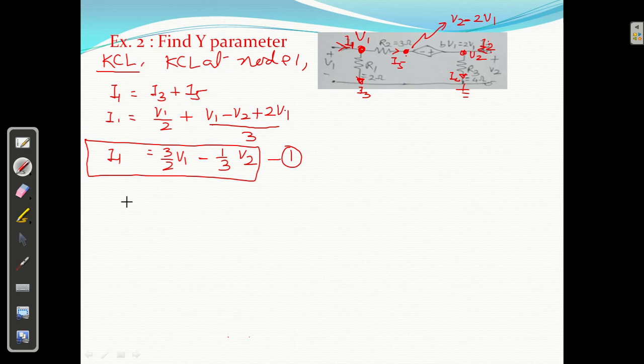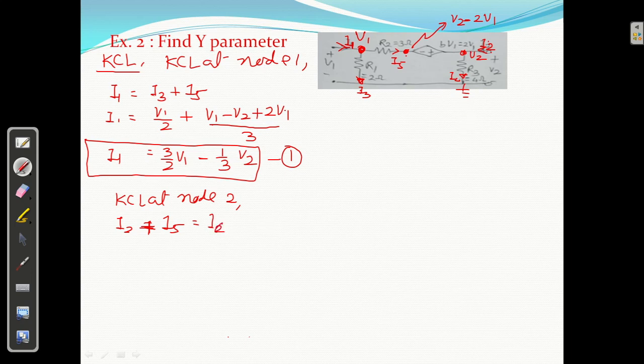So KCL at node 2, यहाँ का वोल्टेज क्या है. इनकमिंग करंट I2 plus I5 is also incoming, equal to I4 outgoing.